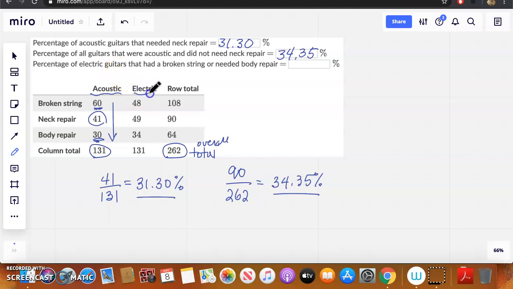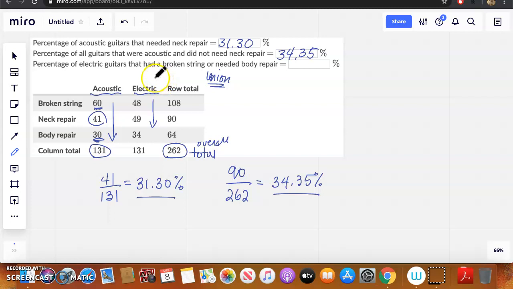So here we have our electric. Okay, so we're looking at the electric. Percentage of electric guitars that had a broken string or needed body repair. Okay, remember, or in set theory means union, correct? Union, which means you have to add these two up, right? So or means union.